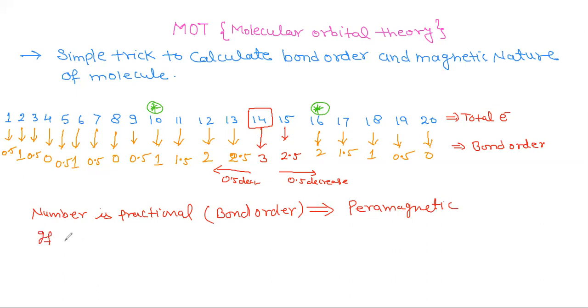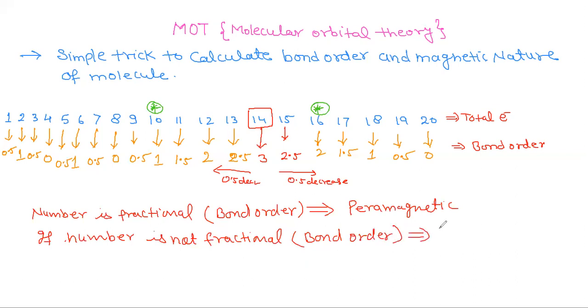If the bond order is not fractional, then it is diamagnetic. Now, this rule is applicable for all elements except those with total number of electrons 10 and total number of electrons 16.